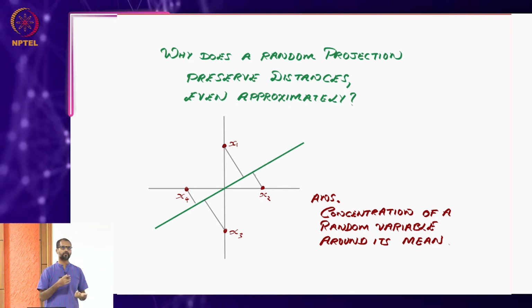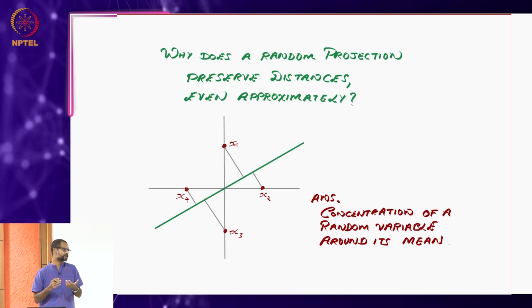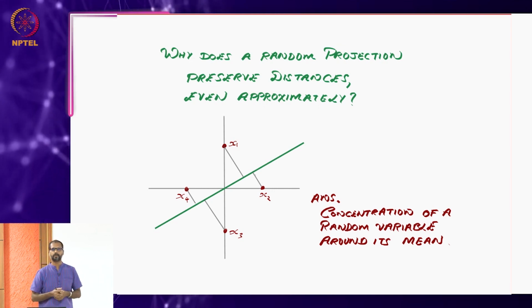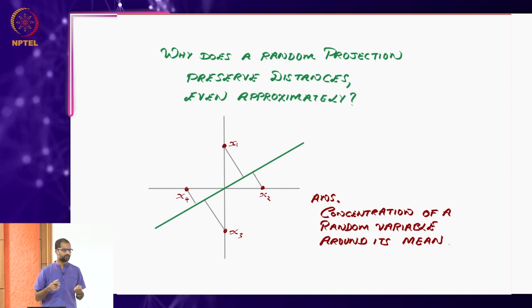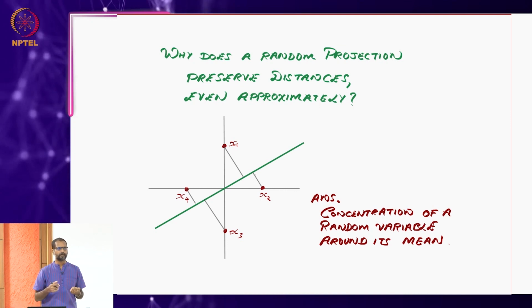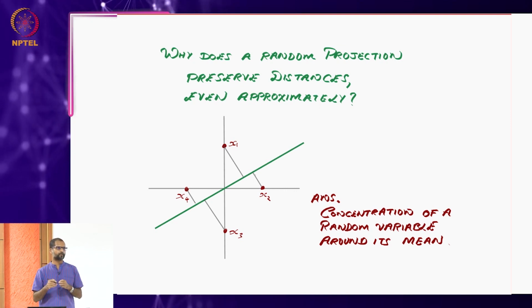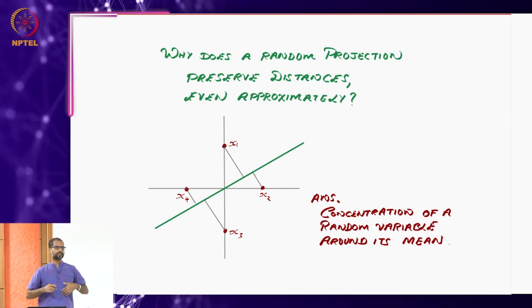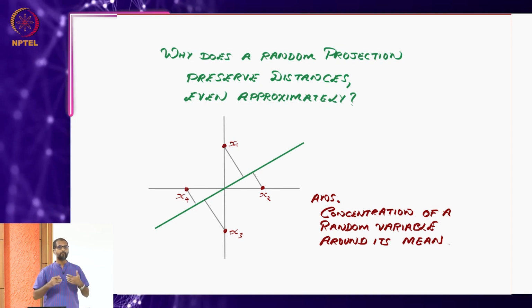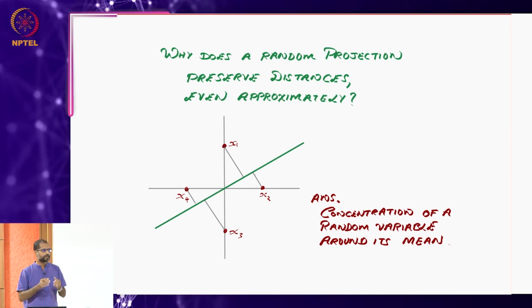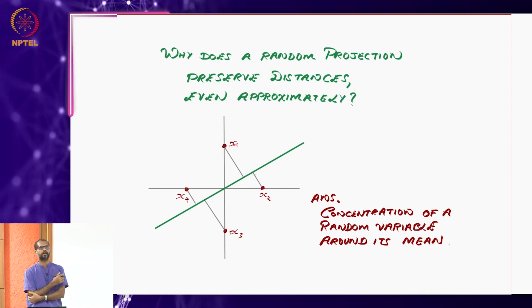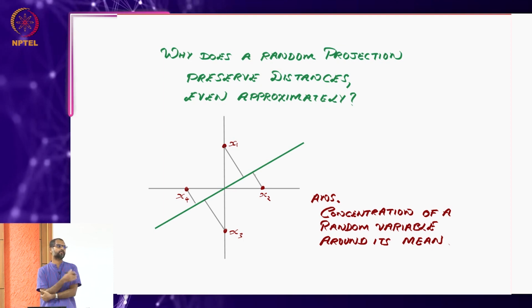You would have seen the Markov inequality, Chebyshev inequality, which give you very weak forms of concentration, and you would have also seen the Chernoff bound. Did you prove the Chernoff bound by any chance? You use that e to the power moment generating function. Yes, that Chernoff bound gives you way better concentration. It gives you exponentially decaying probabilities for the random variable to deviate far away from the mean.